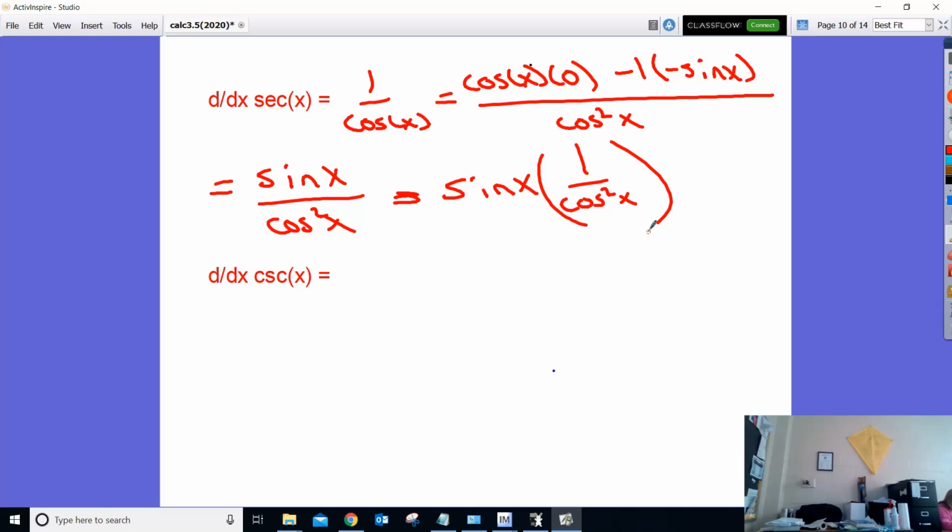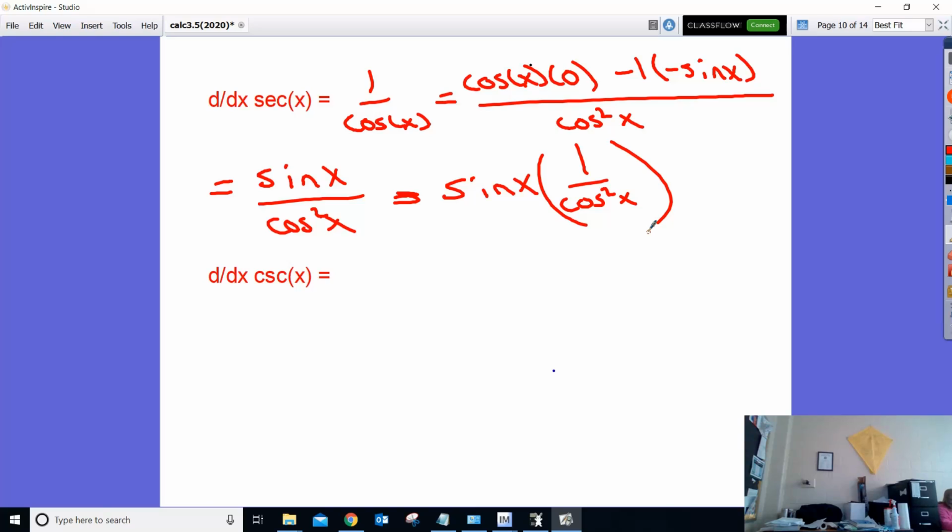I don't like the way that looks. That's secant squared sine of x, which is not direct derivative.